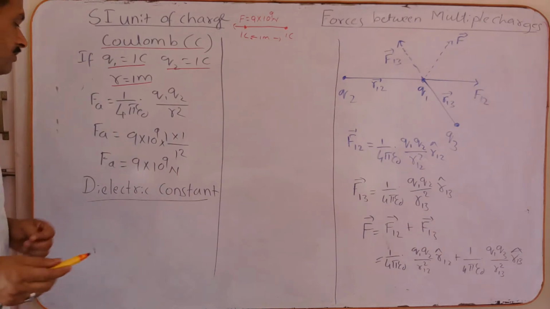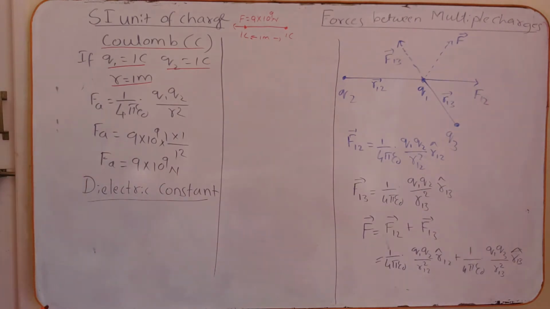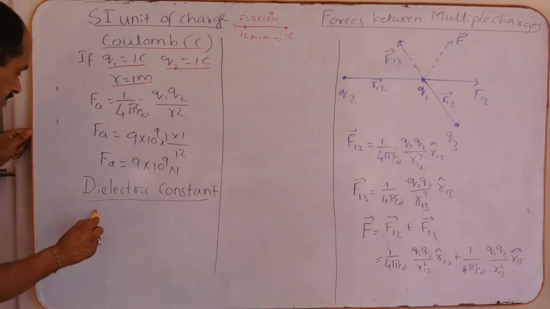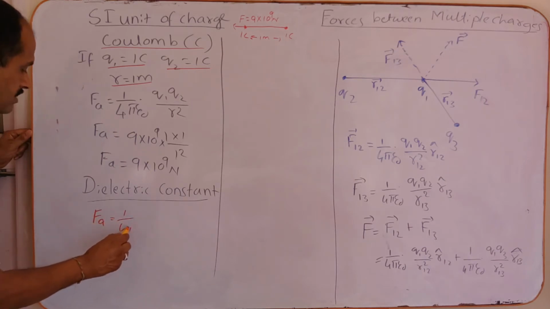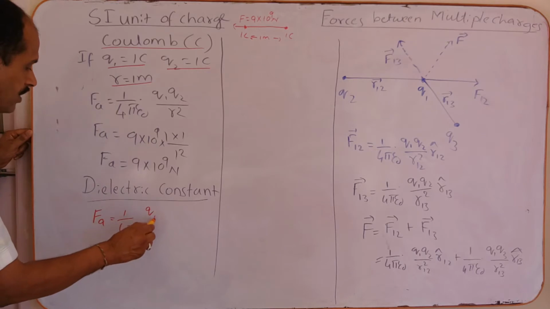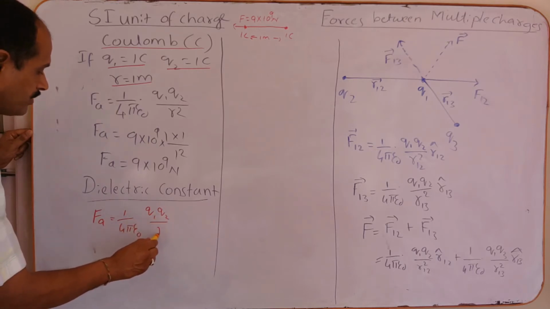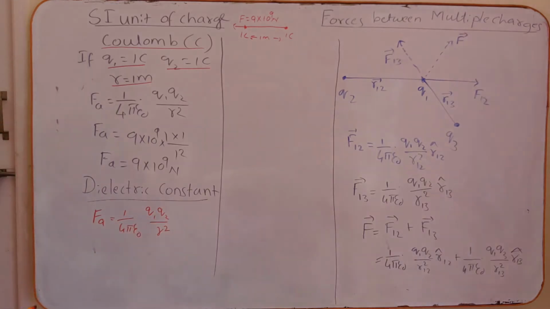This is the definition of 1 Coulomb. Now dielectric constant. When charges are placed in air medium, the force between the two charges is 1 upon 4 pi epsilon naught Q1 into Q2 divided by R square.